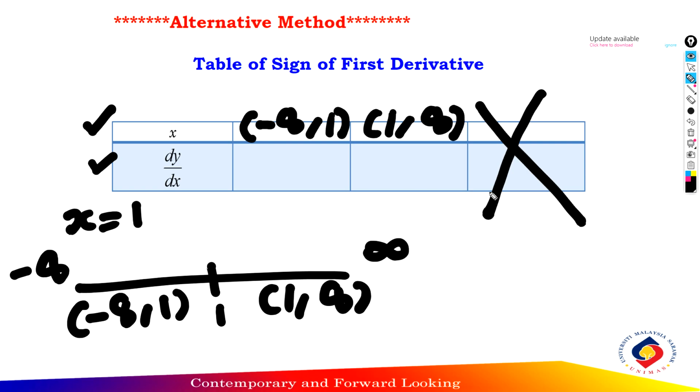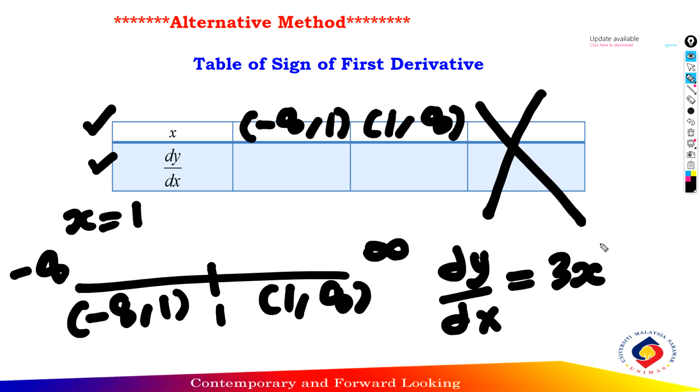Okay, and then in the second row you find the first derivative of the cubic function.